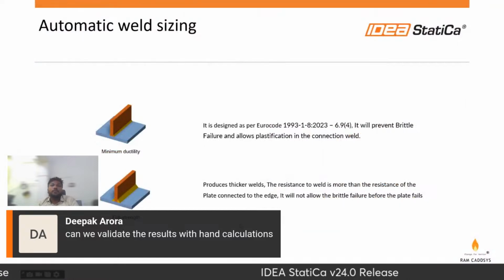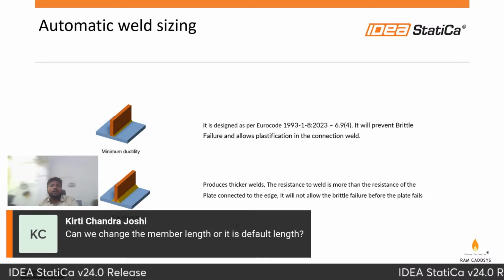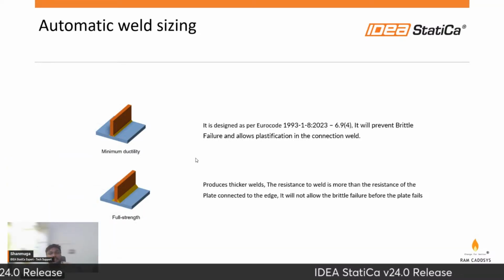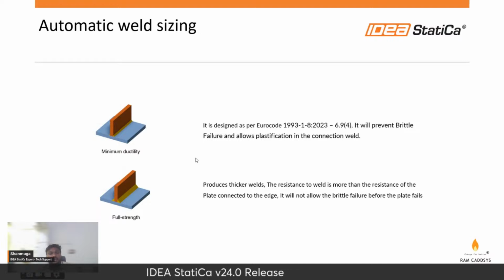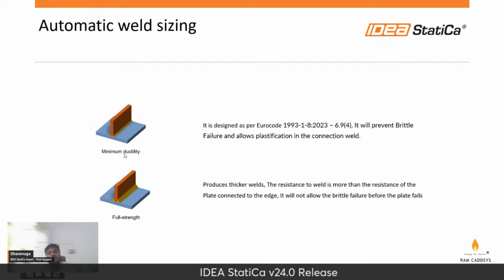So we have the automatic weld sizing, an update the developers have imposed in the software. The weld sizing is automated in four conditions actually. The first is the automatic weld sizing according to the minimum ductility.